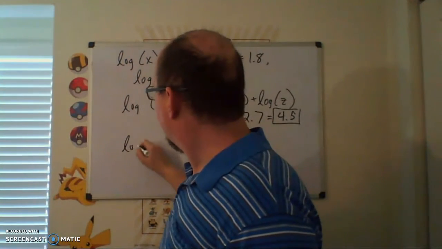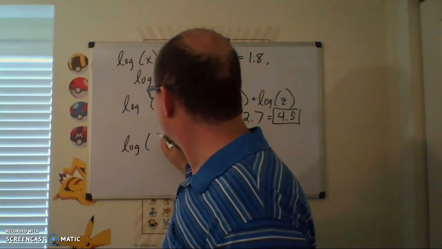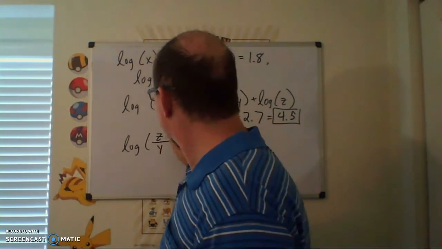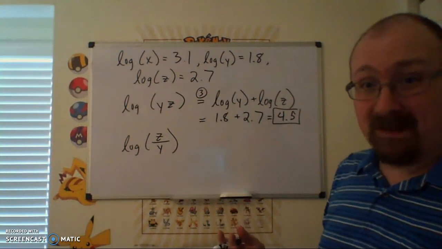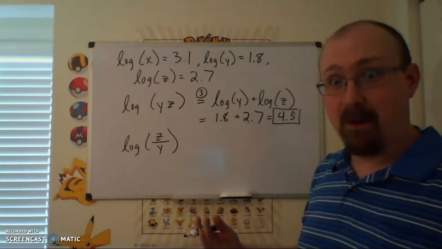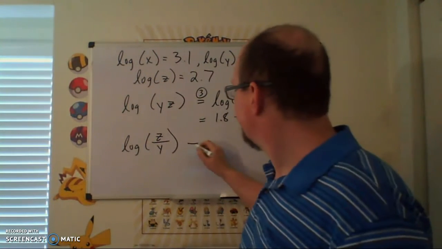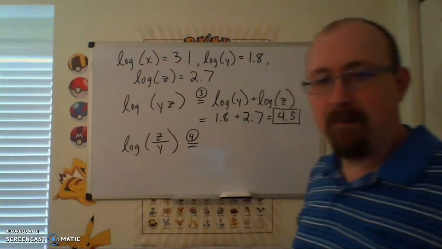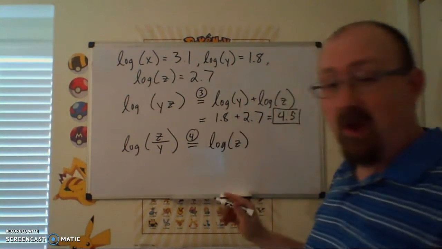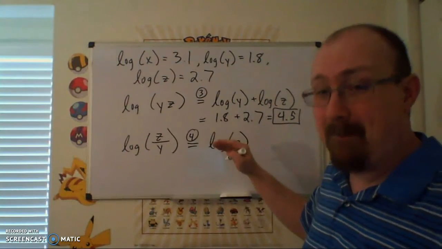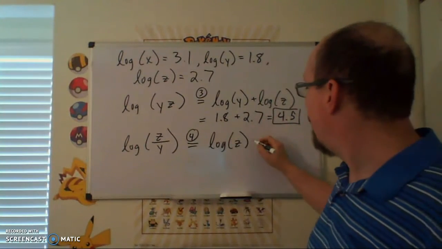What if we had actually needed this instead? So we have the log of z divided by y. Now it's not a multiplication, it's a division. We're going to use that property to talk about division. That was property 4. So remember, it is log of numerator, the log of the top, minus the log of the denominator in the bottom.